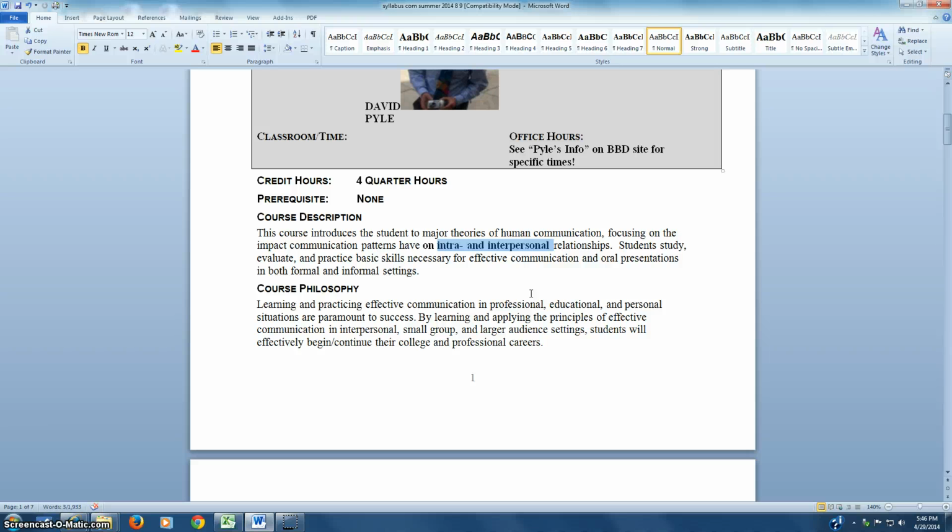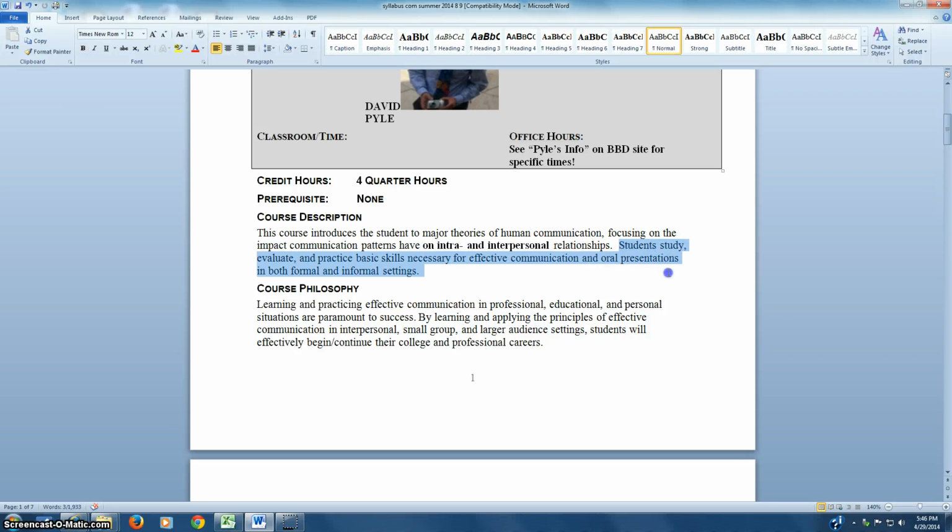Interpersonal communication is communication with other people. A nice and easy way to remember this is to think about the internet, the World Wide Web, where you're sharing information with the entire world. Blackboard, for example, would be an intranet, meaning it's confined to just Robert Morris. So intra is within oneself, and inter is with other people.